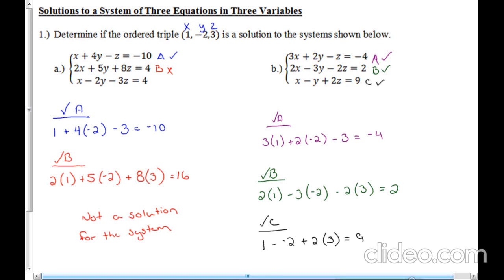So hopefully you've gotten a chance to work through that substitution. And we can see here that the substitution of this ordered triple into each of the three equations, which I labeled A, B, and C, works. And so we could say here that this ordered triple, 1, negative 2, 3, is a solution for the system.